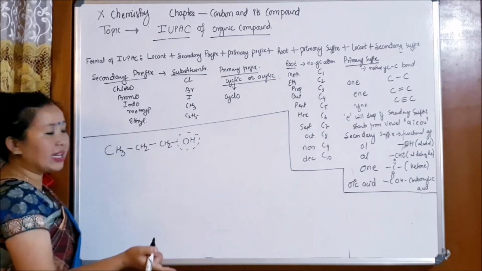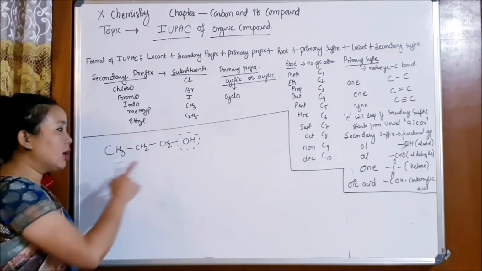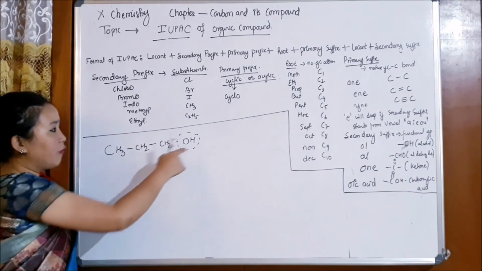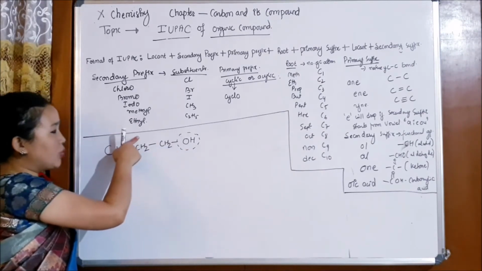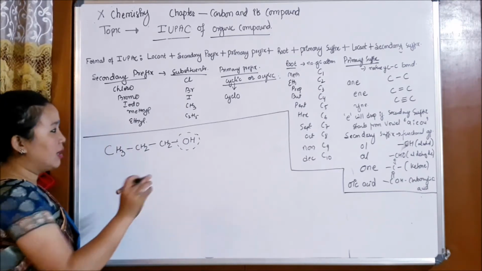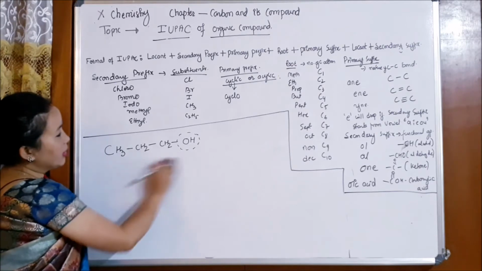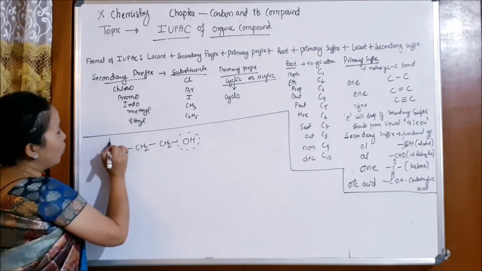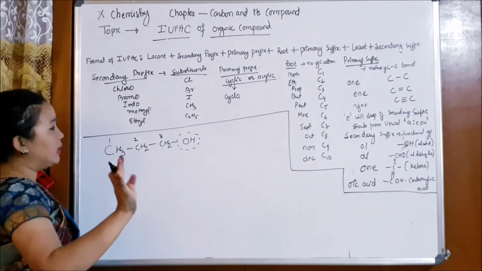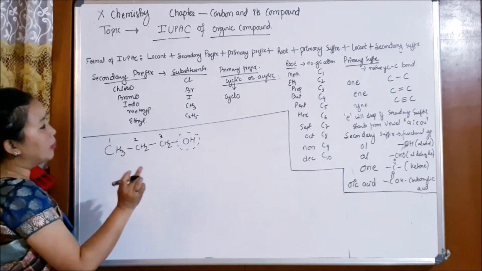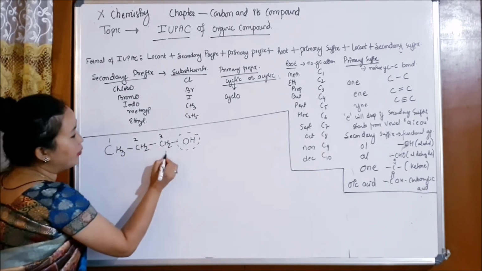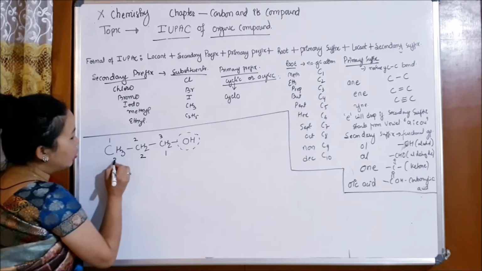Now next, second rule, number your carbon chain such that your functional group, your substituent, your multiple bonds will get the lowest position. Like I can number this compound 1, 2, 3. You will number only carbon, not the hetero element. So I can number from this carbon 1, 2, 3, or from the other carbon 1, 2, 3.